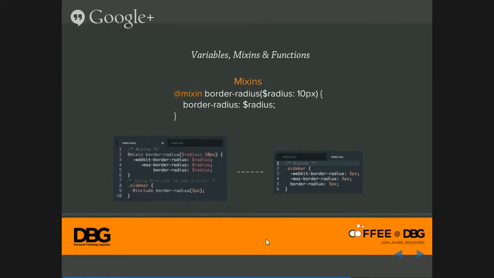And if I have another box with a 10-pixel border radius, then I can simply write another class and just pass 10 pixels here.